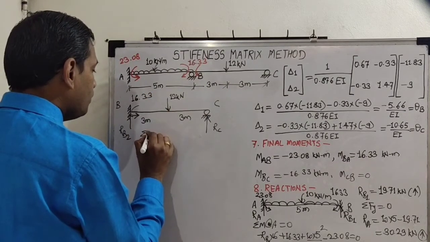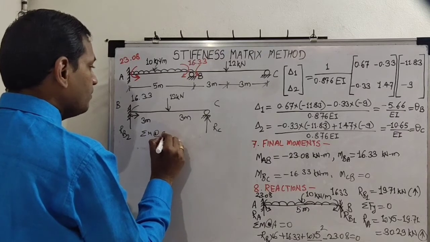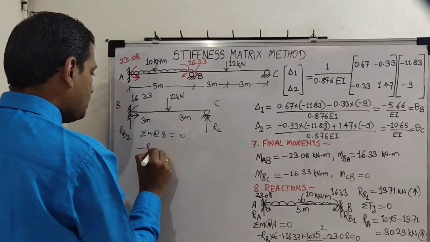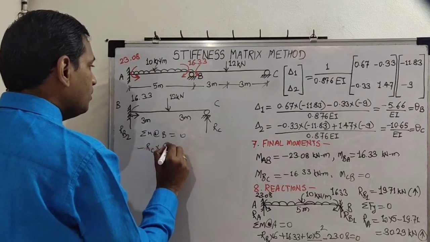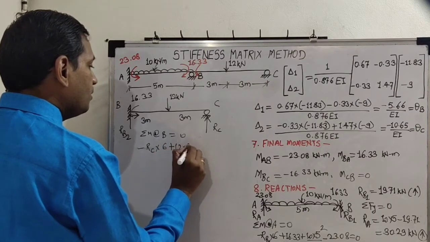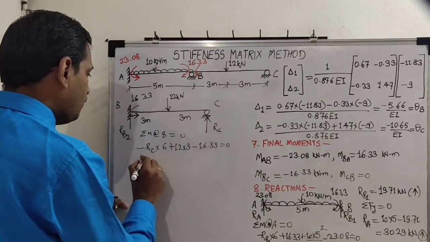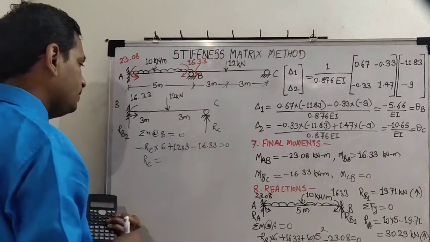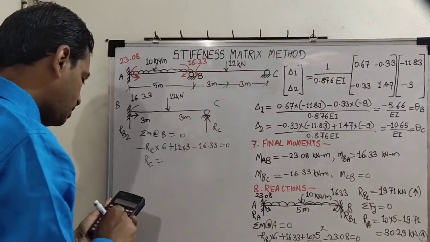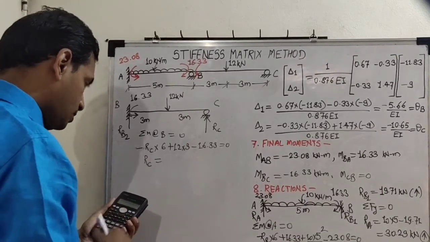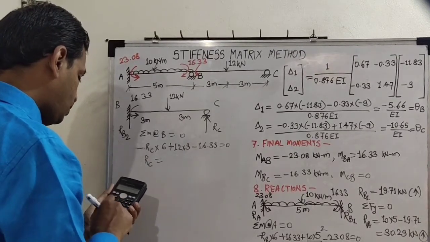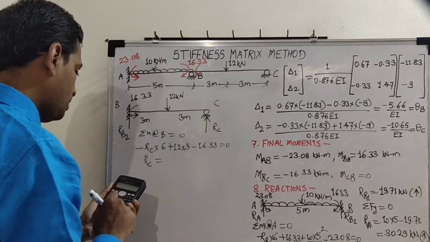Now apply summation of moment on B. So minus RC into 6 plus 12 into 3 minus 16.33, it is equal to 0. So find out RC value from this. So 12 into 3 is 36 minus 16.33 upon 6.